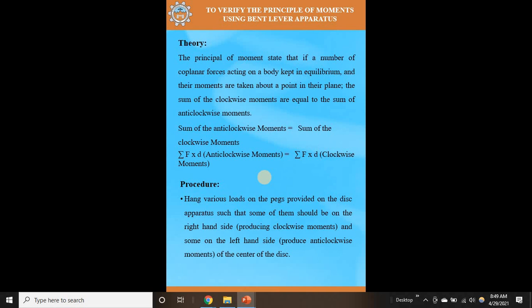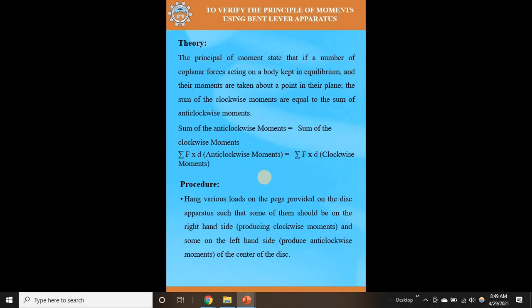Which distance? It is the distance from the force to the pivot point or fulcrum. We will consider the pivot point as the origin. So the sum of clockwise moments should be equal to the sum of anti-clockwise moments.